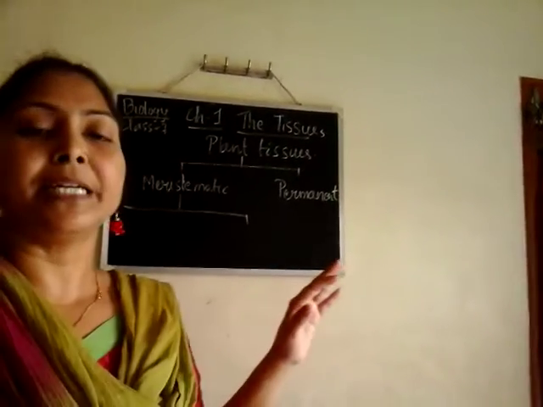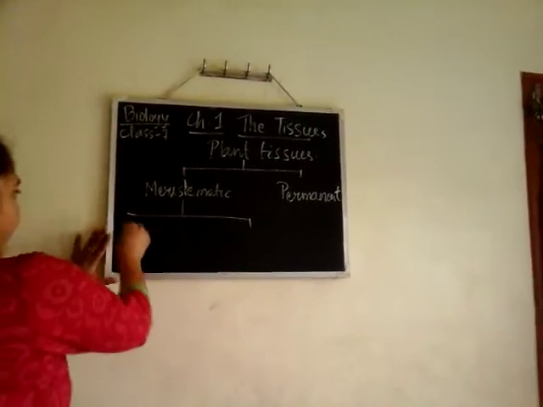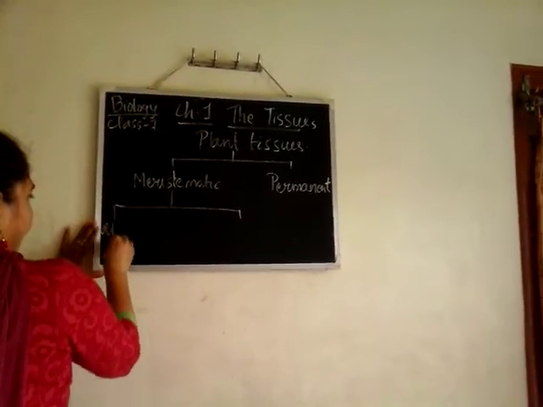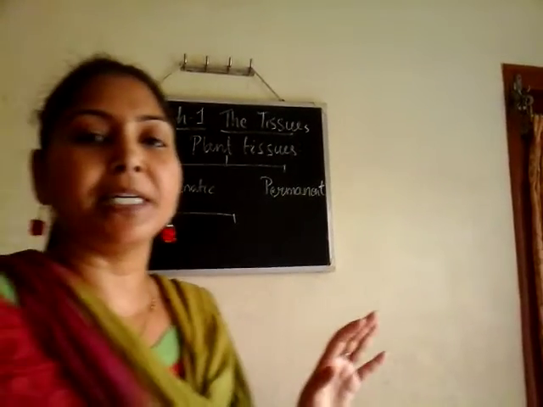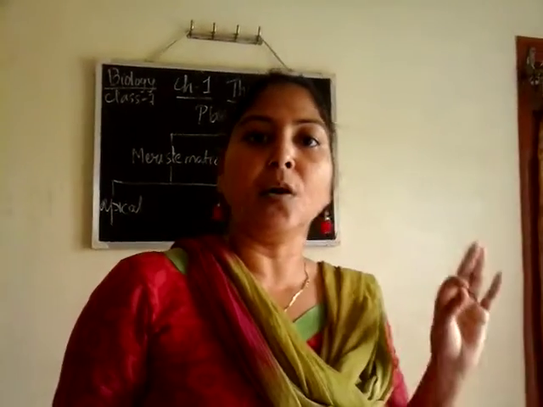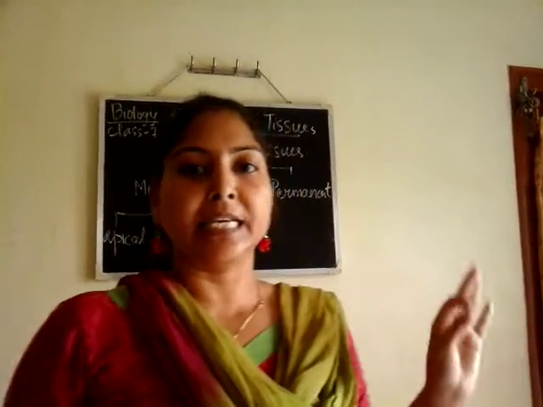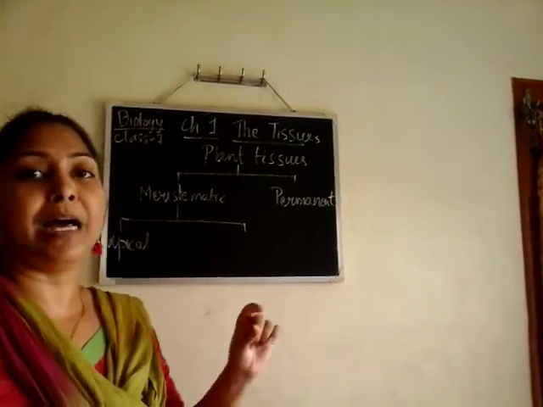Now, meristematic tissues are of three types. What are they? Apical meristematic tissue. Apical meristematic tissue means what? With the word apical or apex, it means these types of tissues are present at the tip of the plant parts.